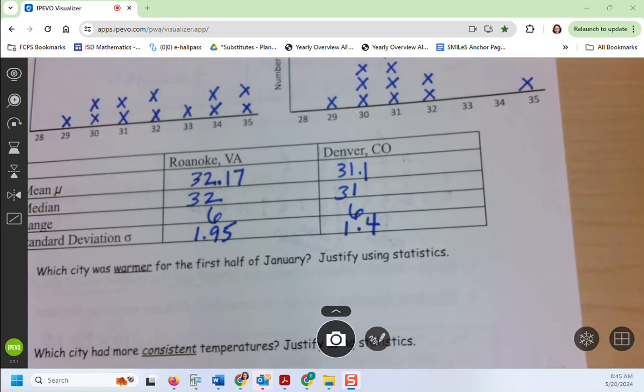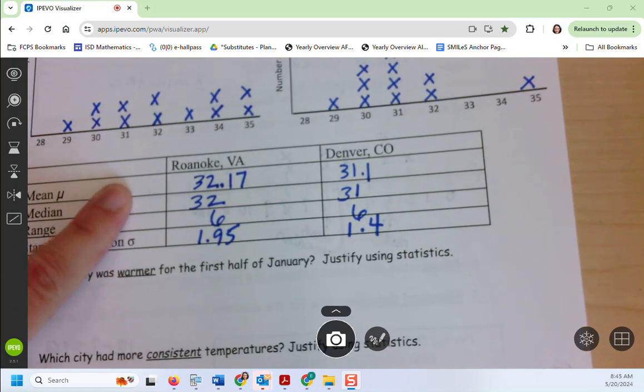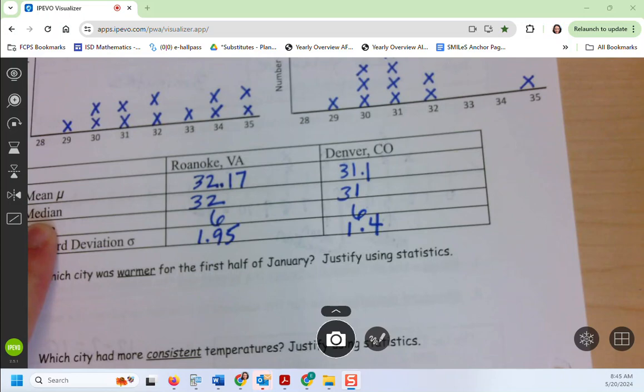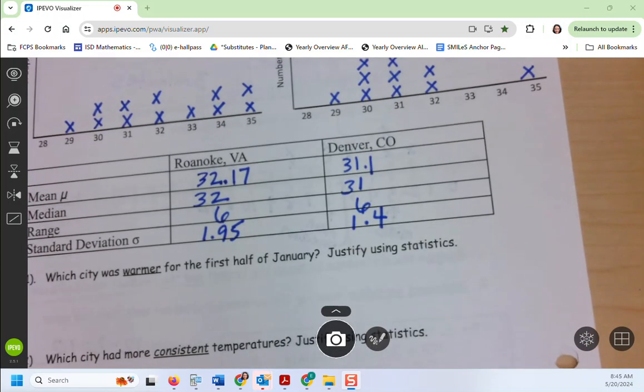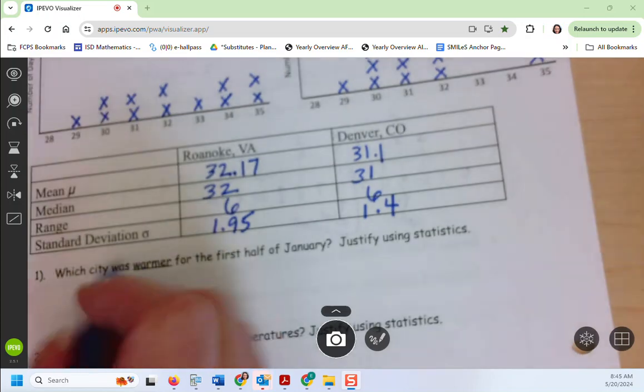All right. So looking at these, it says which city was warmer in the first half of January, which is when these temperatures came from. So what would you guys say? Which city was warmer? Roanoke, because it has a higher mean, also a higher median. The standard deviation, remember, is a different measure, but we're going to talk about that too.